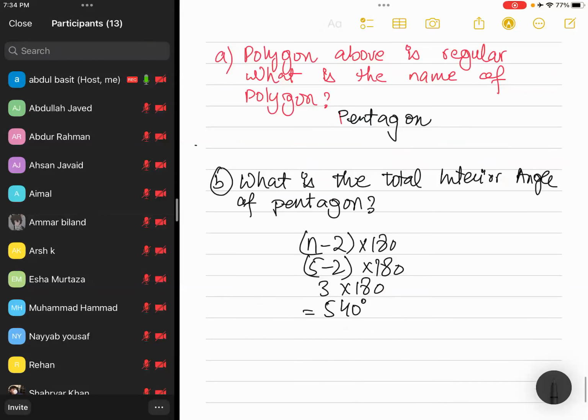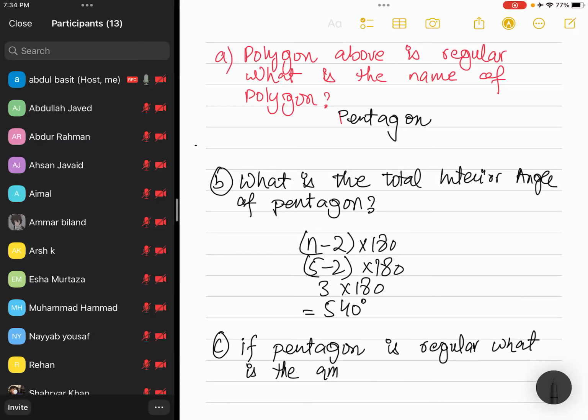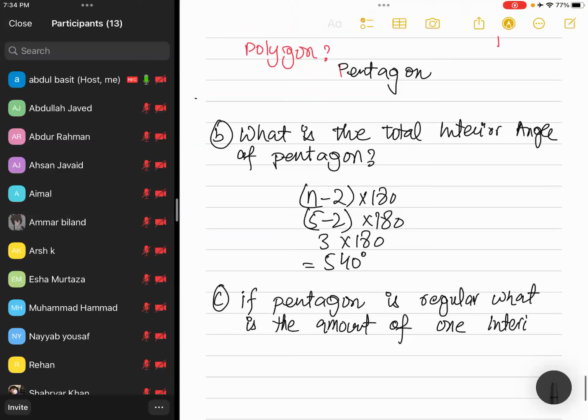They can ask you part C as well. If the pentagon is regular, what is the amount of one interior angle? अगर ये regular है तो एक interior angle कितना होगा?